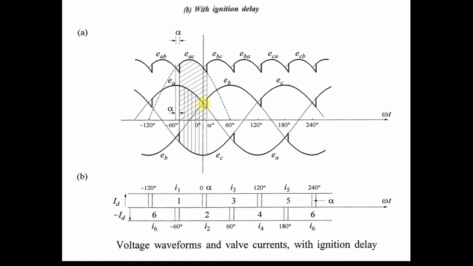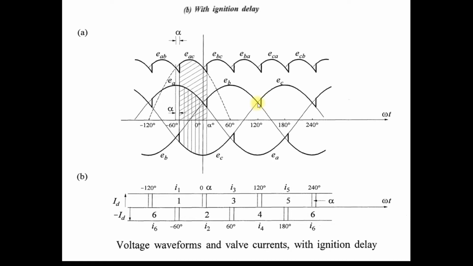From this phase crossover point, if you count the alpha, it starts from here and ends here. So from this point your valve 3 will start conducting. Clear? You get the EB phase after this alpha. Same way, after each and every phase crossover point, after the alpha, the next phase comes into picture.